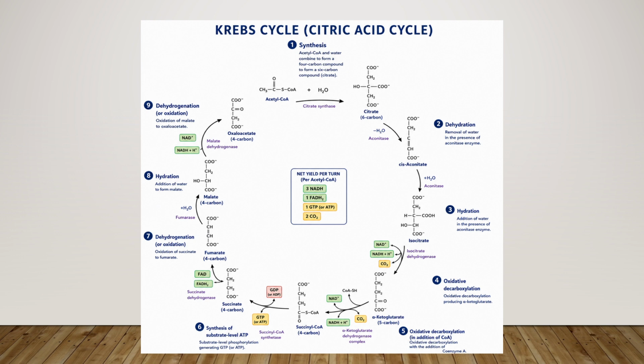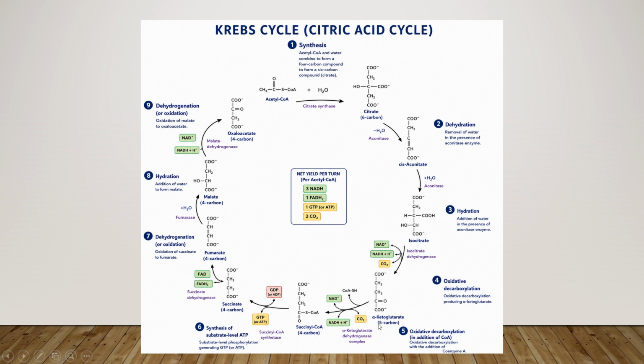Right, students, after the formation of malate, you can see an energy molecule is released. So how many NADH energy molecules are produced? This is 1, this is 2, and this is 3. It means in the 4th step, NADH is produced.